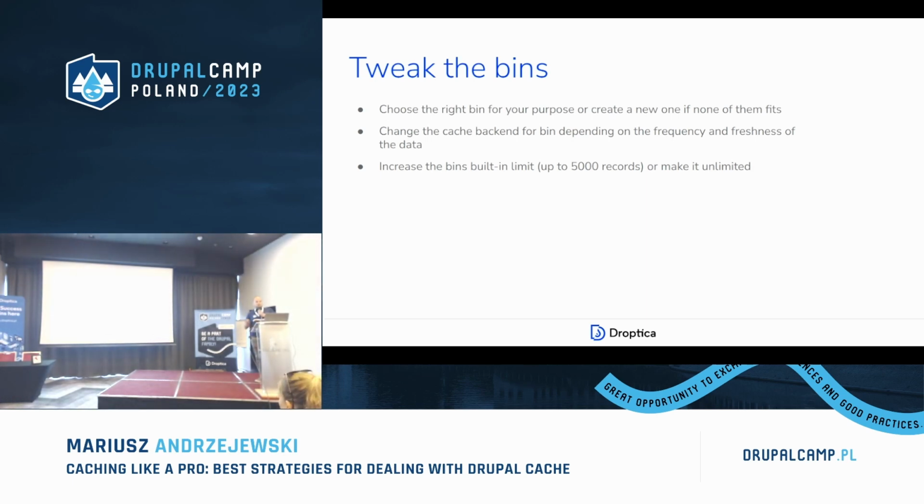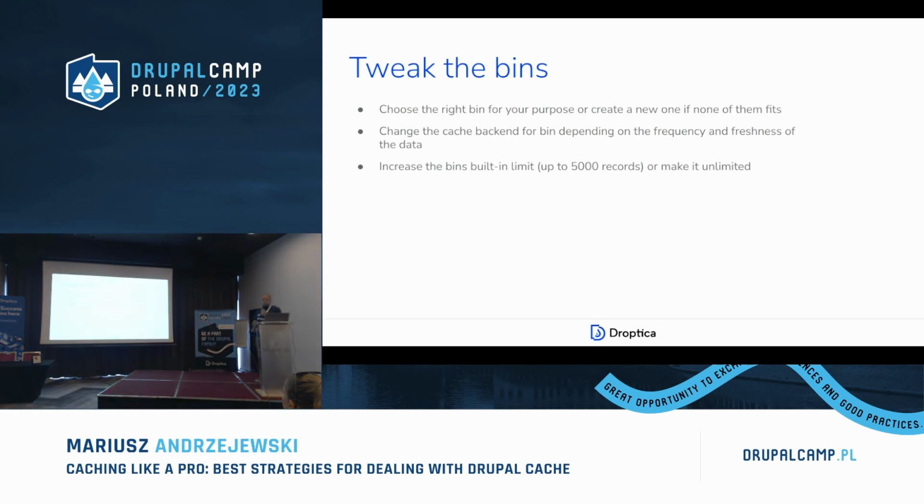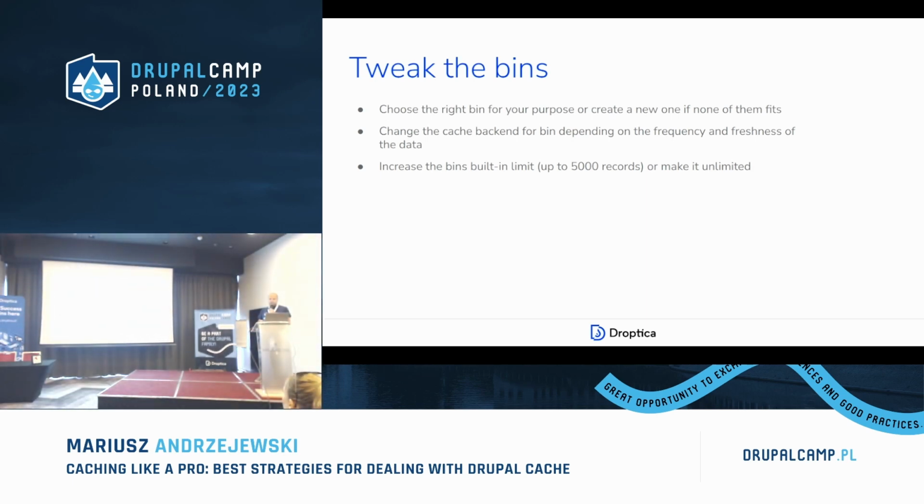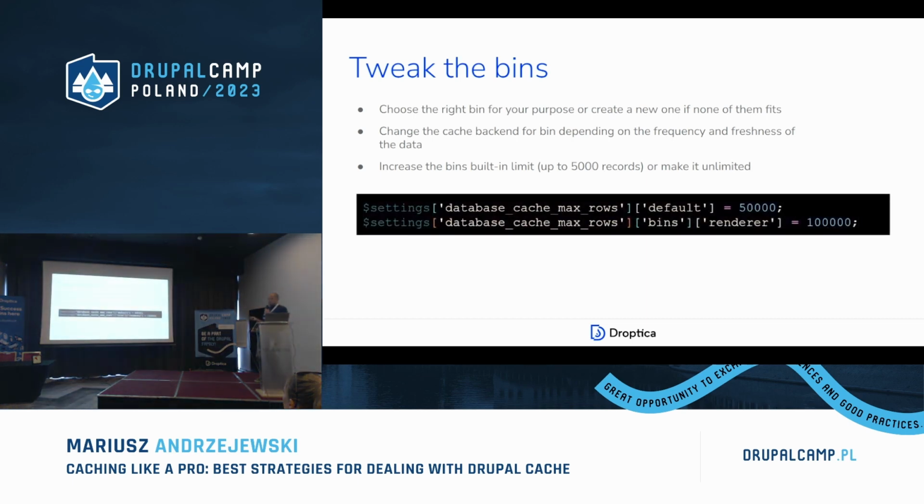So it is just chunked up to multiple tables. Yeah, and you may probably not have heard about it, but first of all, you can define your own bin if you need. If you have some specific data that you wouldn't like to, for example, store in the data bin, you can define your own.